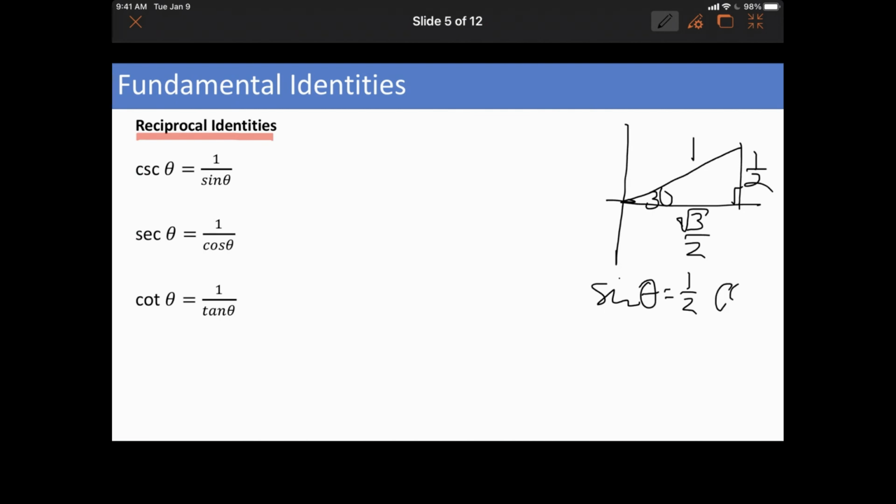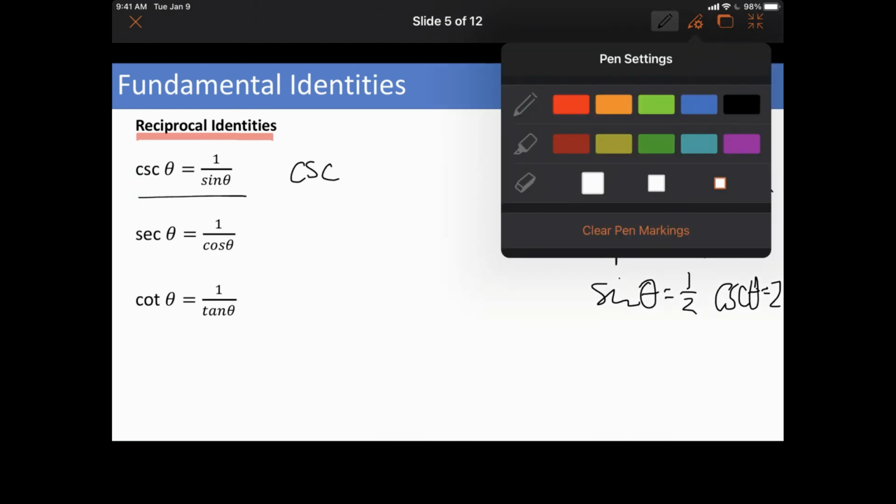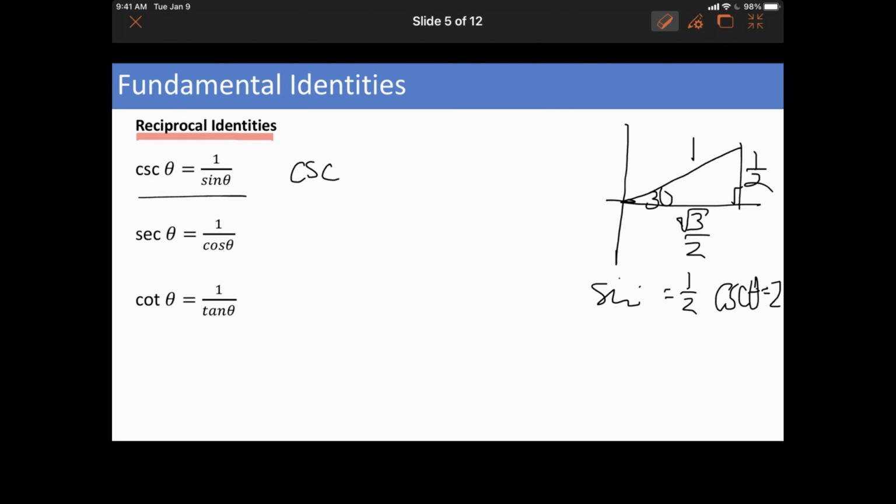We know the cosecant is 2, right? We know that. So let's look at it over here. So the identity says this. Another way to write the cosine of the angle, in particular, I should have written this as 30, because we're talking about 30.